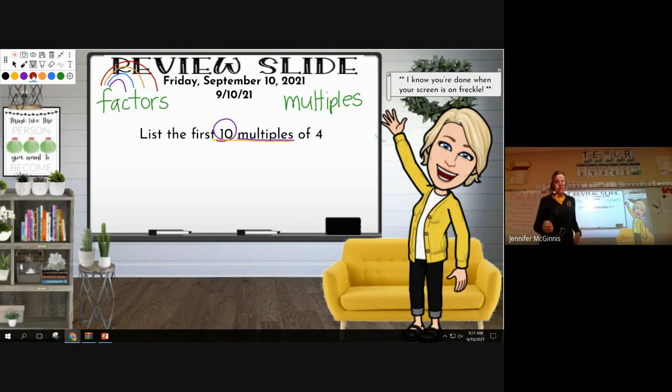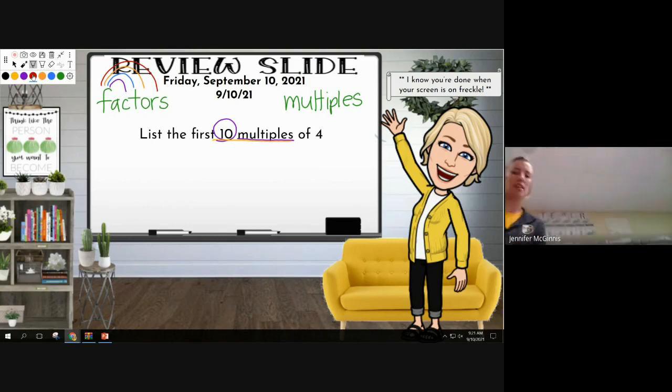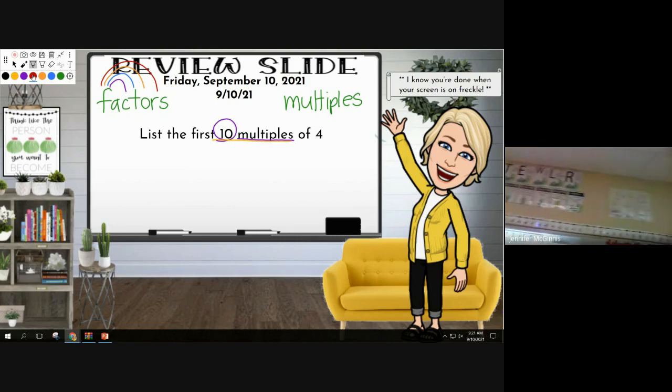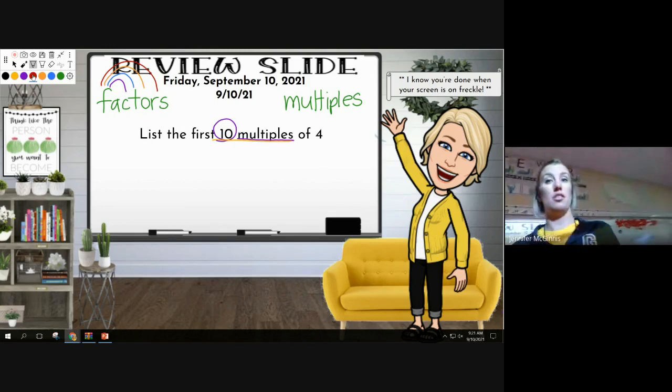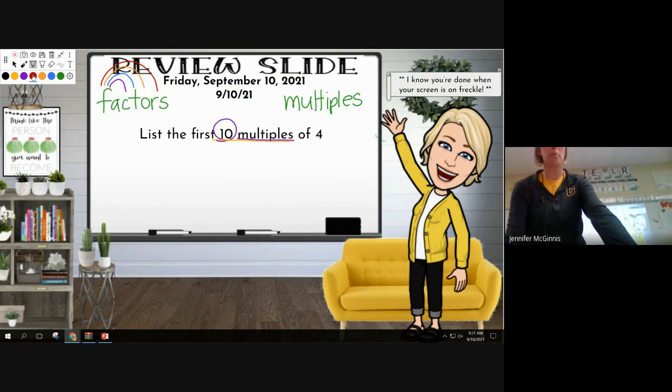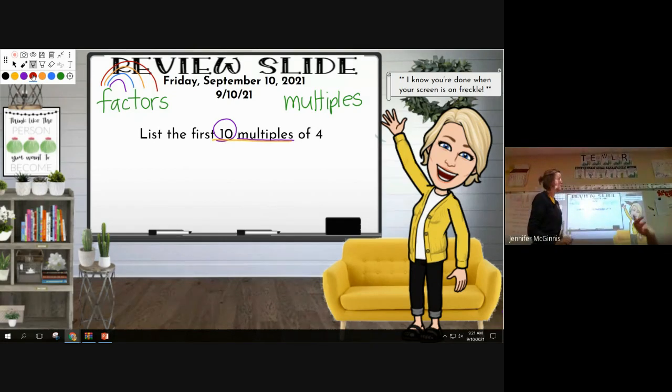Let's look at our poster that I made for you, which, for those of you on the recording, is going to be mirrored, and I'm sorry, but here it is. What number on the poster is the multiple? Logan? What number on the poster is the multiple?